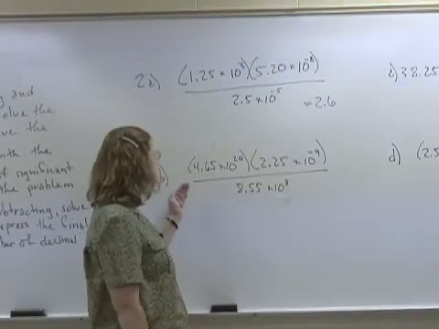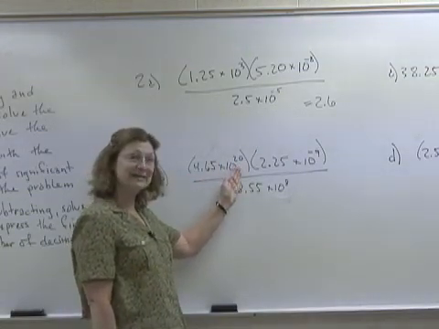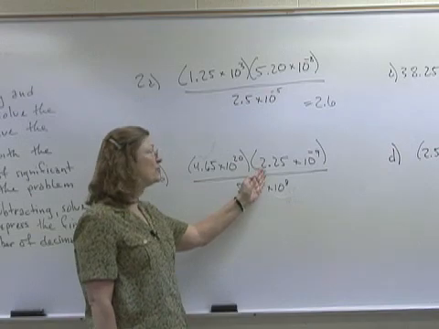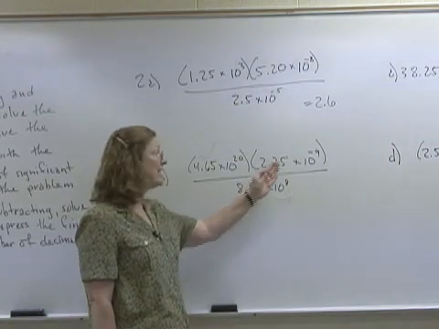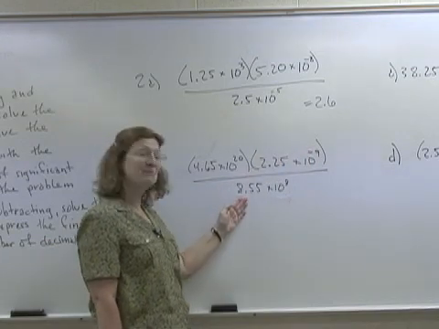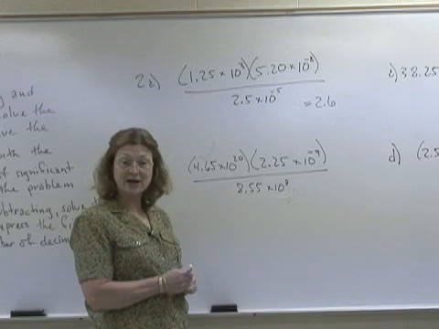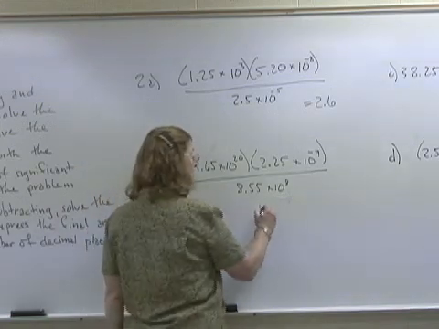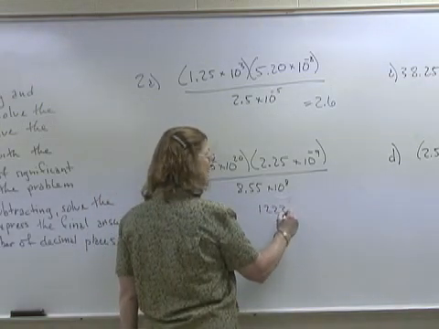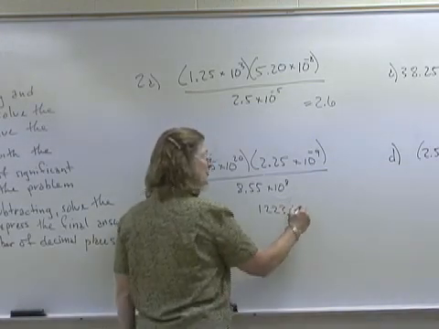Now in B, we take 4.65 exponent 20 times 2.25 exponent -9 equals, divided by 8.55 exponent 8. And you should come out with a number of 1223.6842.